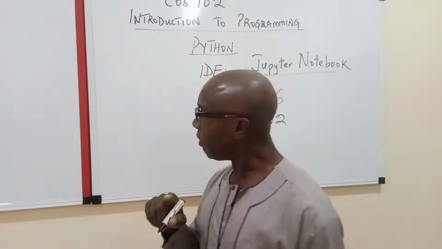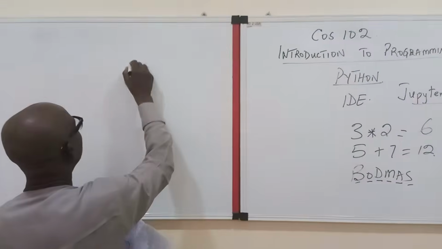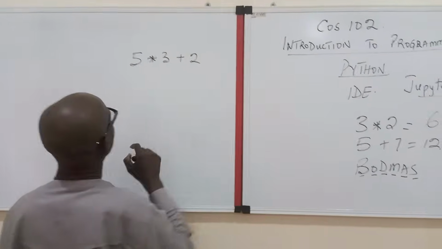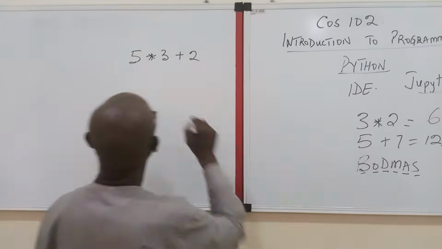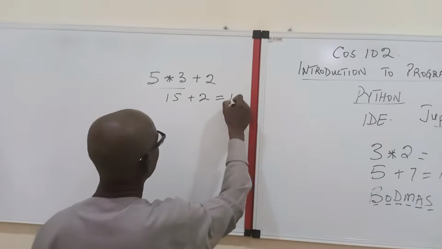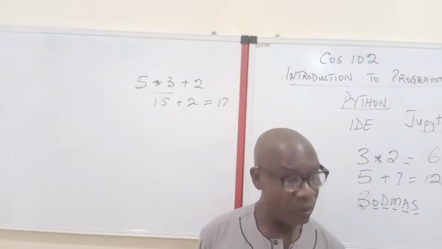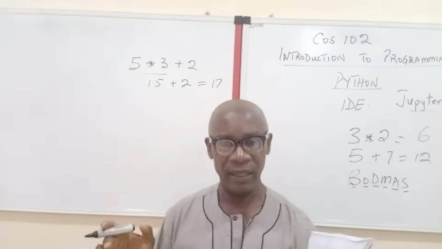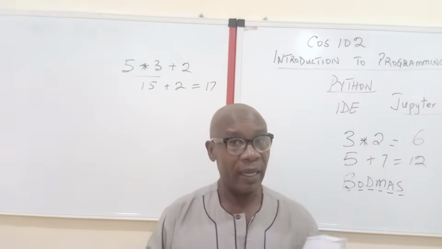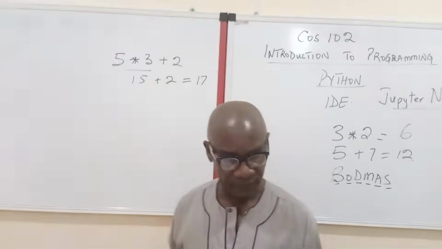So if you have something like 5 multiplied by 3 plus 2, BODMAS is going to do your 15 plus 2, which is going to be 17. So you have to know what BODMAS is and do your calculations accordingly. Whether you do it or not, the Python compiler is going to do that for you.